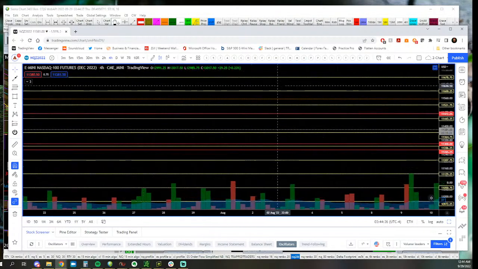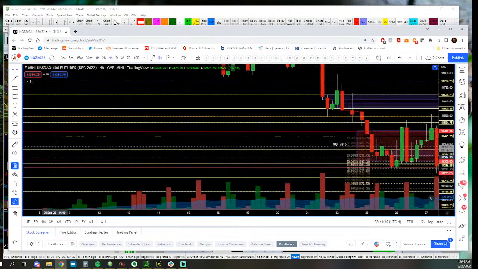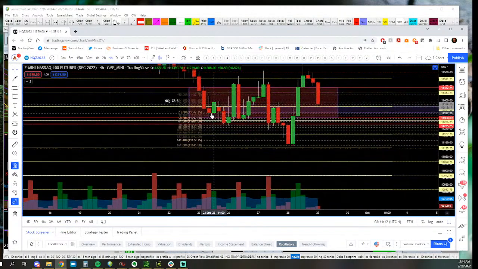But since they bounced off of it, sellers are going to be generally anxious about being aggressive, because what ends up happening is as soon as you get to that high volume node, the buyers react, and then sellers quickly get out of their shorts.